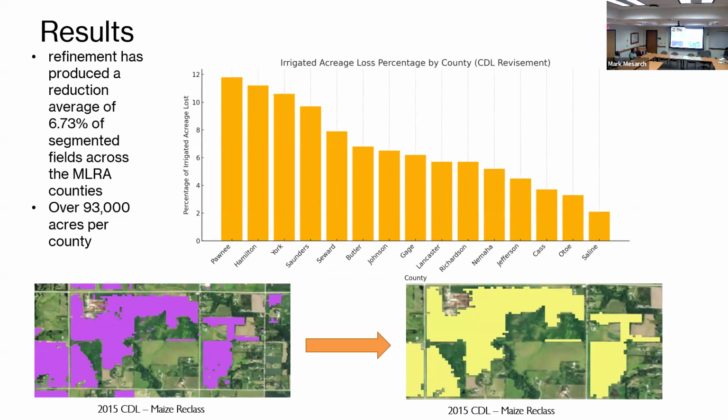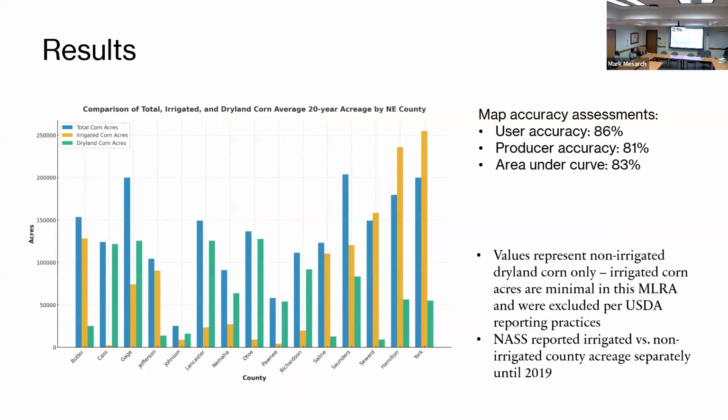And when we're talking about 100,000 acres, that could be, across 20 years, 1 million bushels of produced corn. So yield estimations are incredibly affected by this refinement.